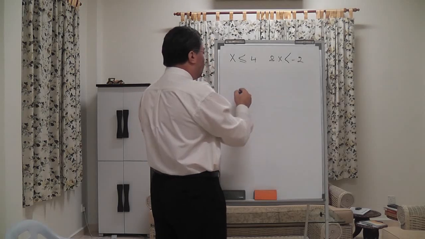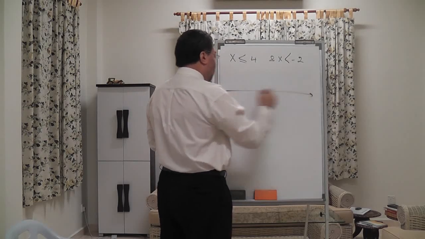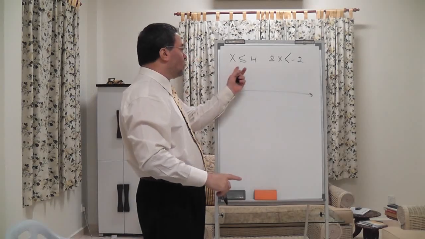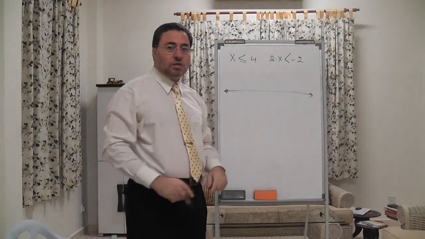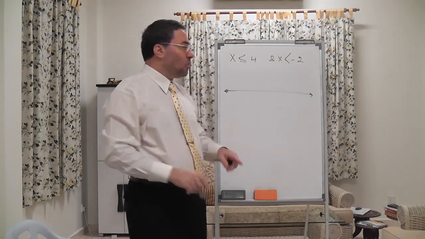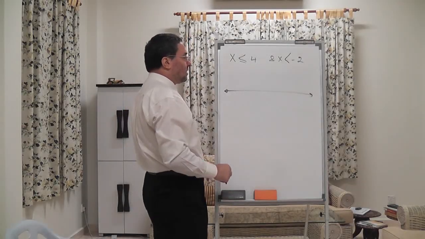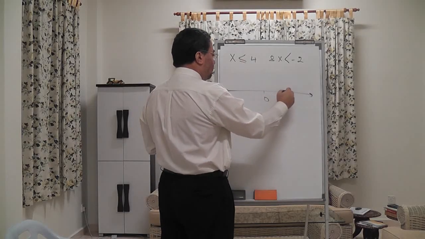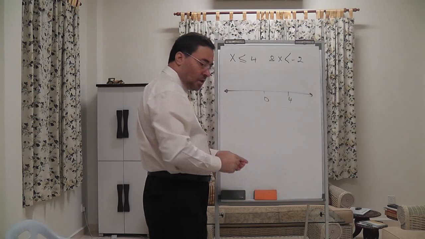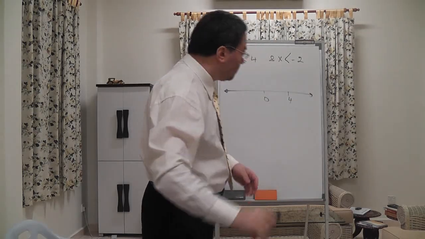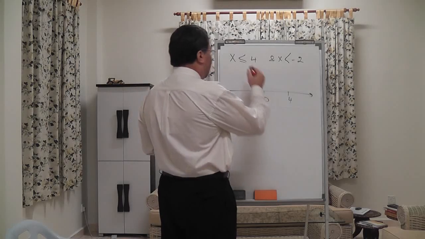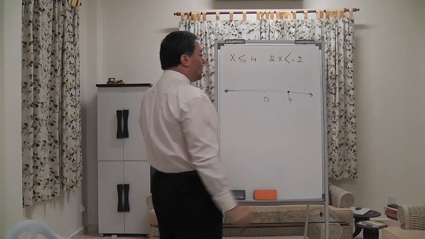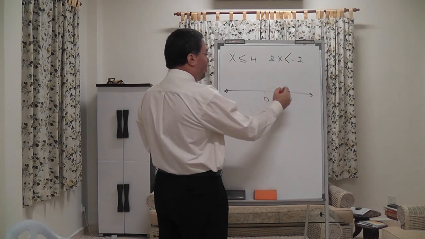Here again we plot each one alone, and we have to have the common values between these two solution sets, and the common values are going to be our accepted final answer. So let's go here 0, 4, and this is equal to, so there's a solid dot here, less than 4.